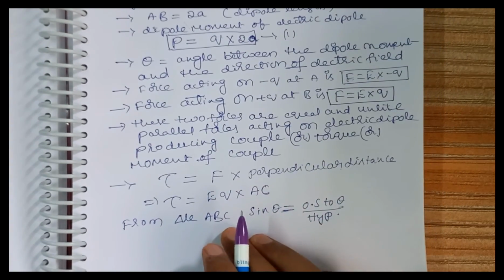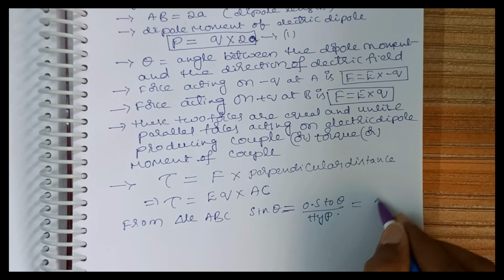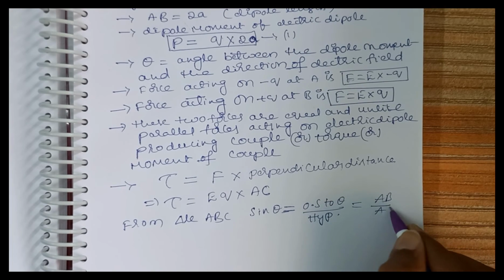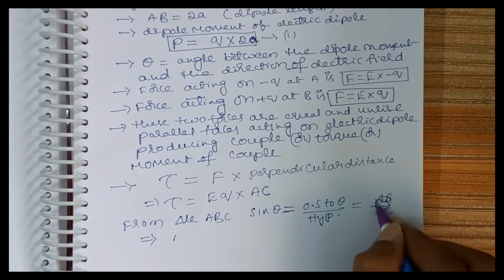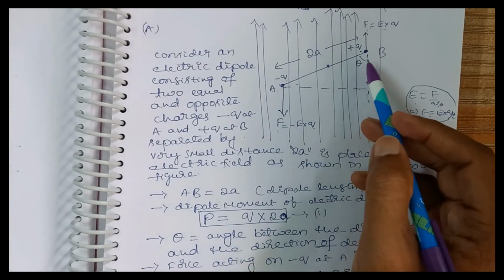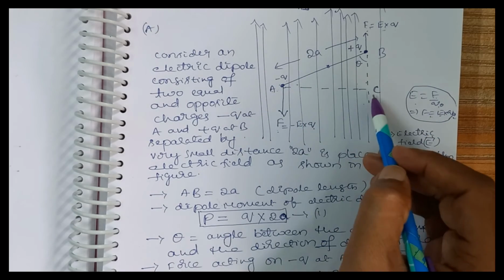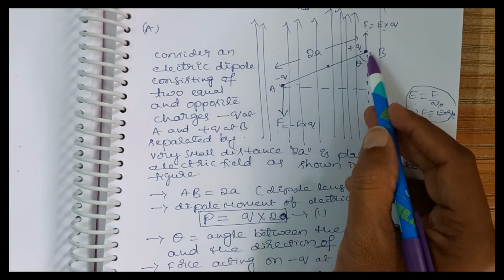Sine theta is equal to AC by AB. So by cross multiplication you can get, the opposite side to theta means AC and the hypotenuse means AB.